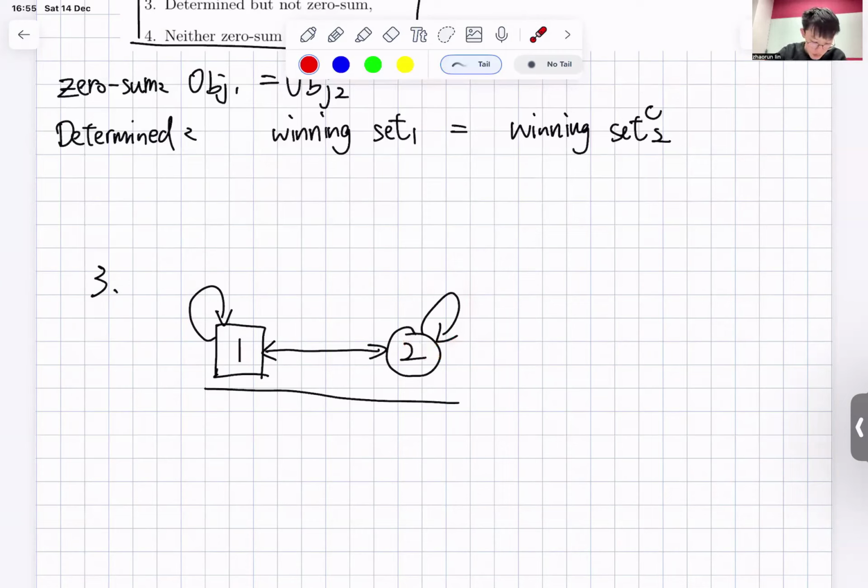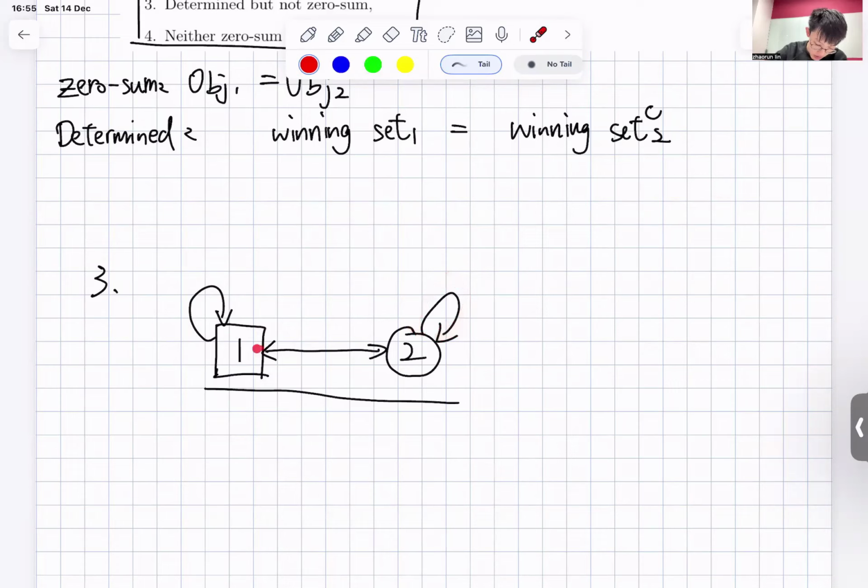But it is not zero sum, because if player 1 takes this edge to node 2, then this path is not in any player's objective, since for player 1 the objective path is to stay at vertex 1, taking this edge infinitely many times, and for player 2 it is like this.